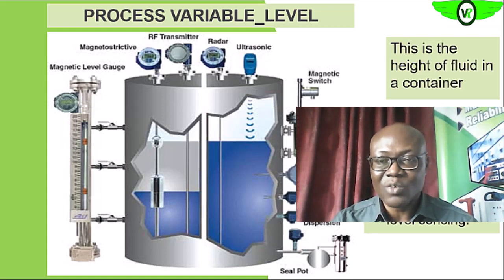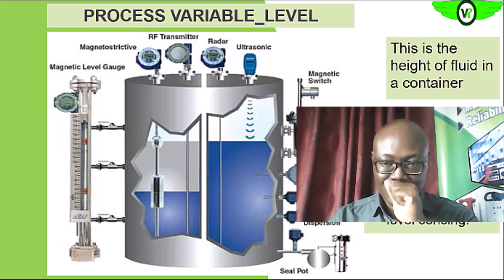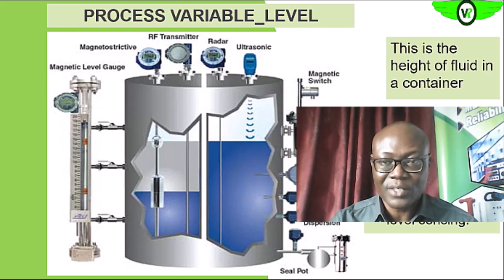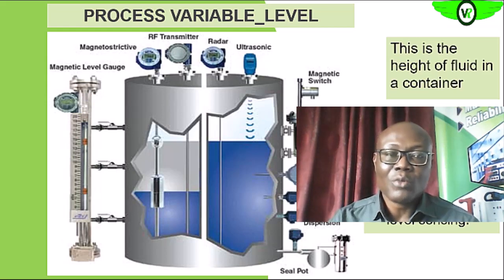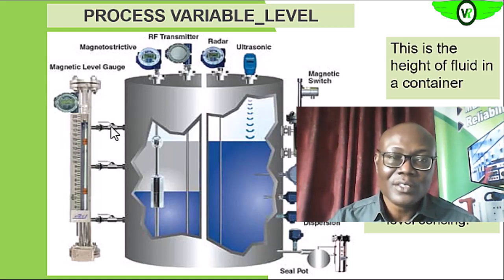We also have the single point measurement, or free flowing solid level sensing. Okay, so as you can see on your screen, this is a manual gauge. See the sight glass, okay, that gives you a clear indication of the level of fluid in this vessel.